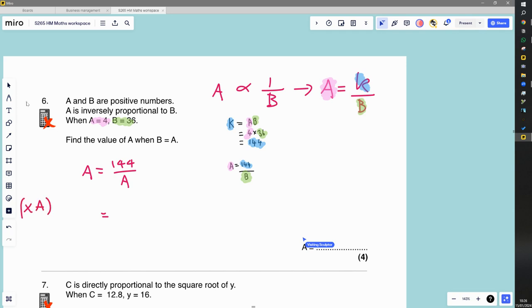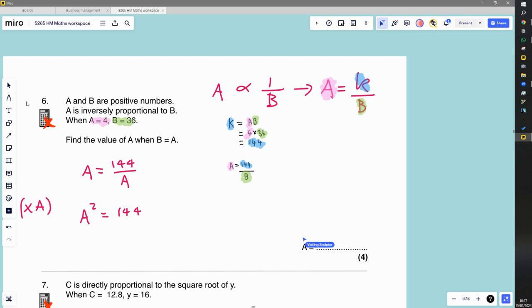On the right-hand side, I just have the 144, because timesing by A is the opposite of dividing by A, so it's cancelled out. On the left-hand side, I already have one A, so I times by A again and end up with A squared. So now I have A squared is equal to 144.